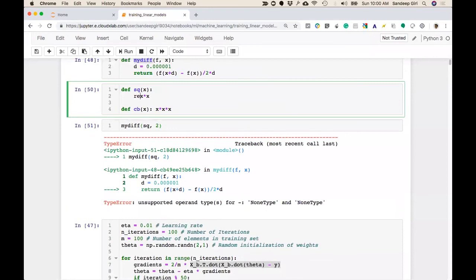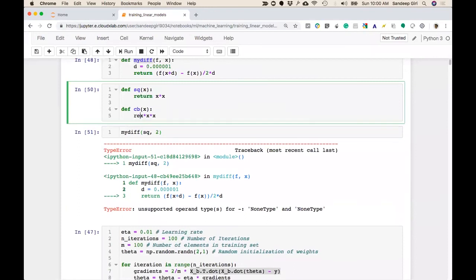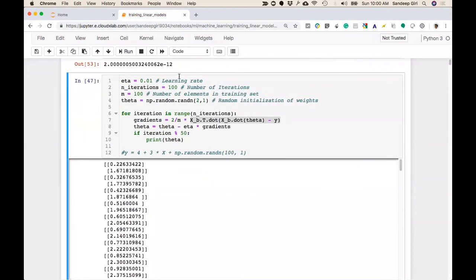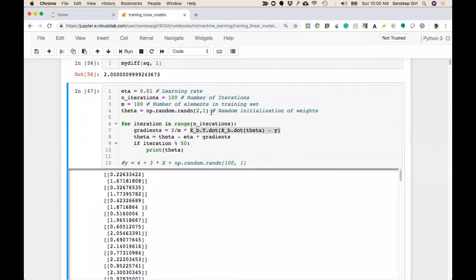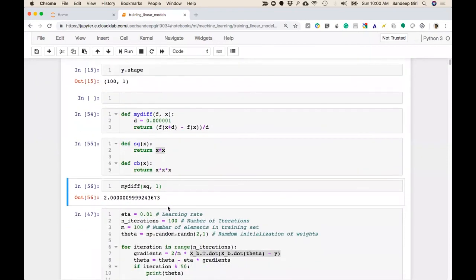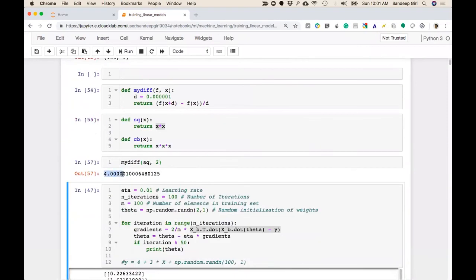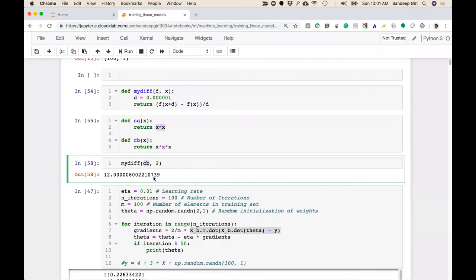Let me just correct this function. Now this is correct. You see that at x equals 1, the differential of x squared is 2x, which is 2. At x equals 2, the differential is 2x, which is 4, and so on. Similarly, for x cube, the differential is 3x squared, which is 3 into 4, which is 12.